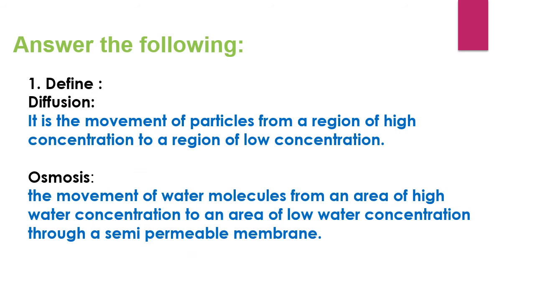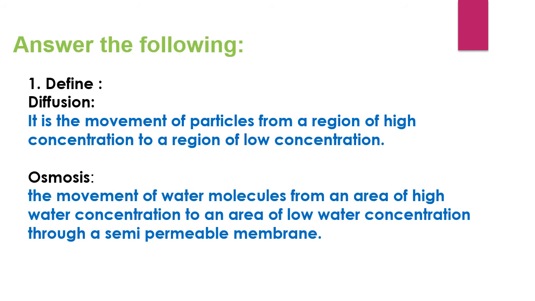Now, let's answer this question. What is the meaning of diffusion? Diffusion is the movement of particles from a region of high concentration to a region of low concentration. Osmosis is the movement of water molecules.